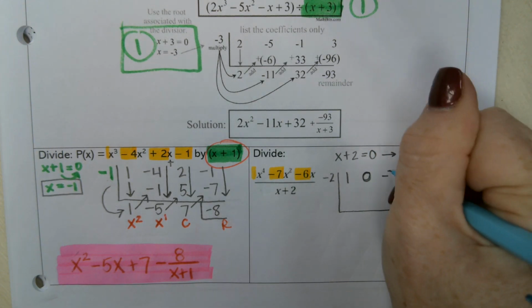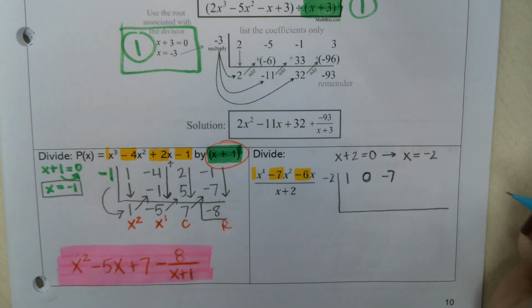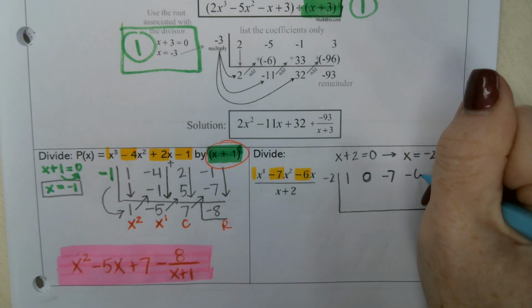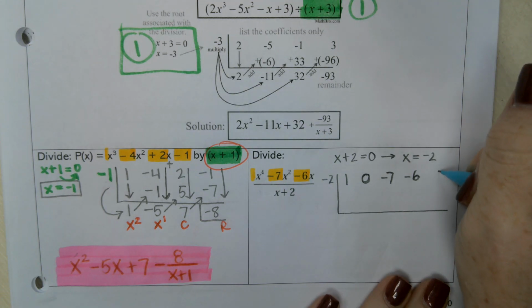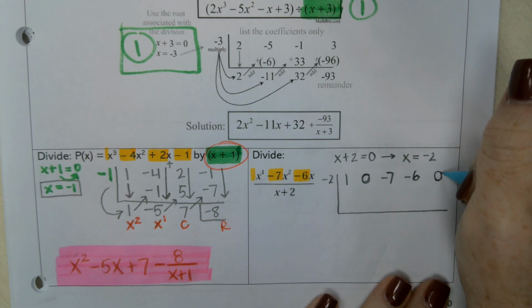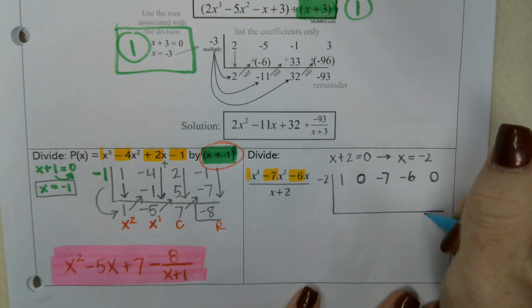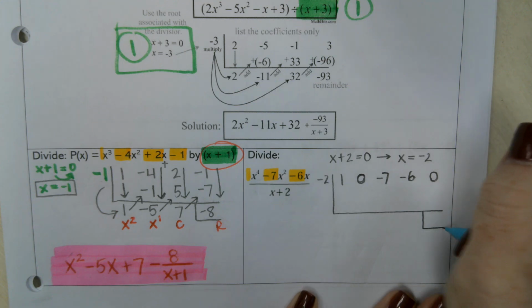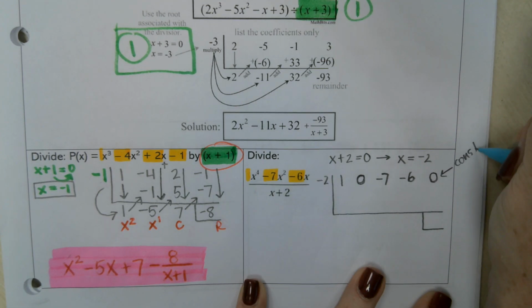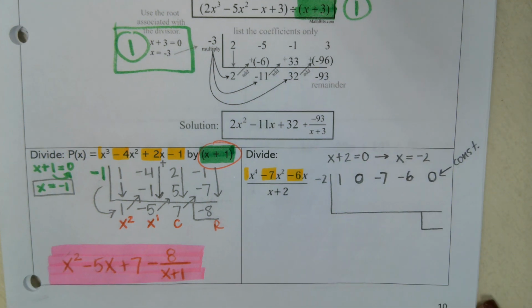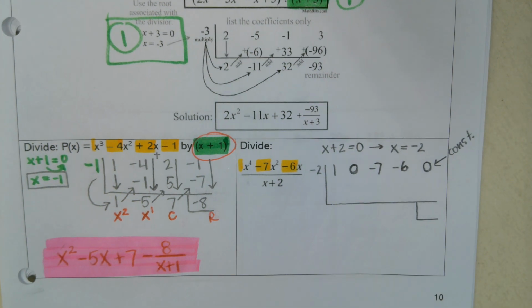Then I have negative 7x squared minus 6x, and then what am I missing? Your constant. So you got to put a 0 in the constant's place. That is your constant, and you were missing that, so you have to put a 0. This was 4, 3, 2, 1, 0. I'm good.